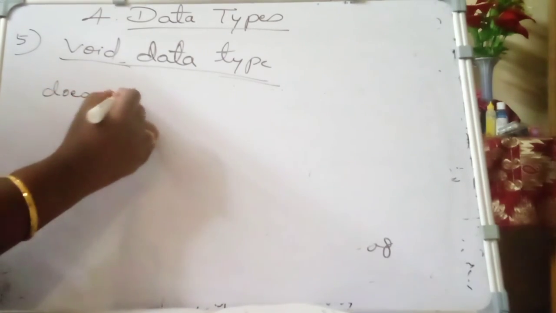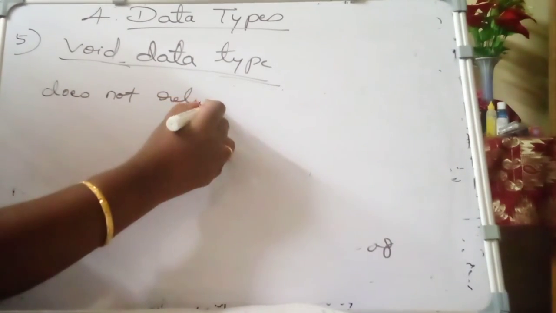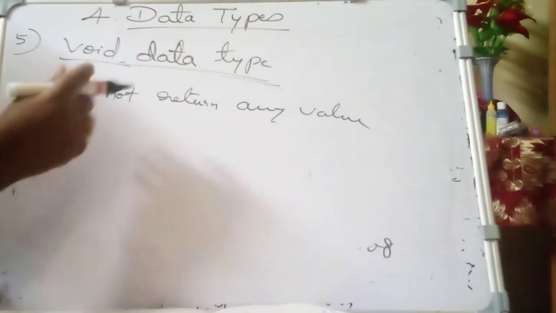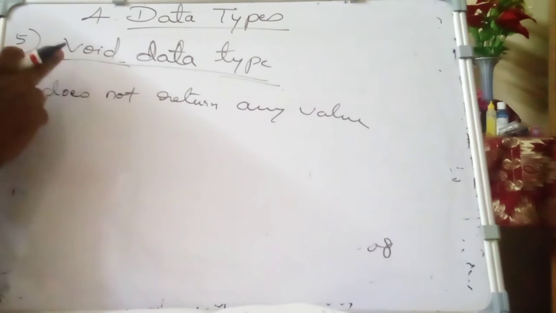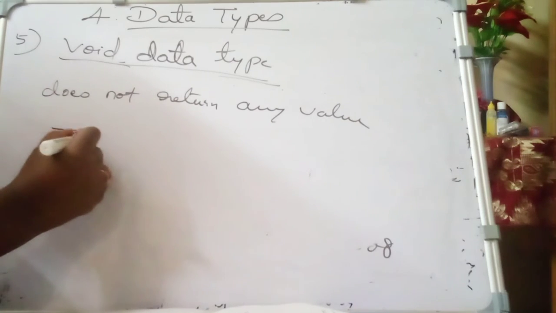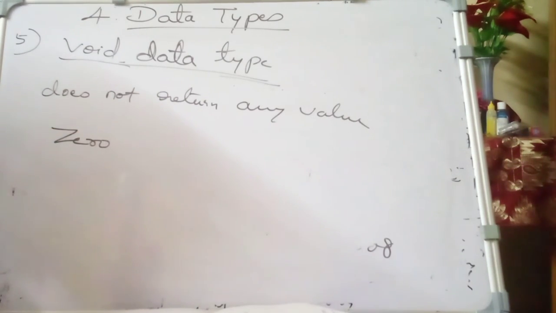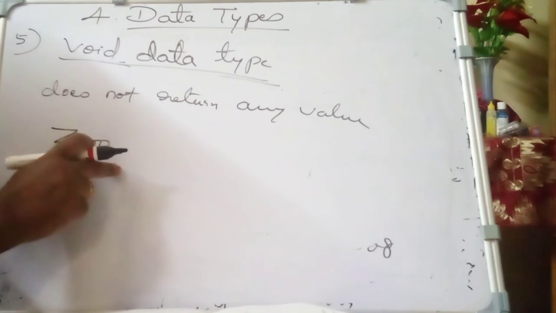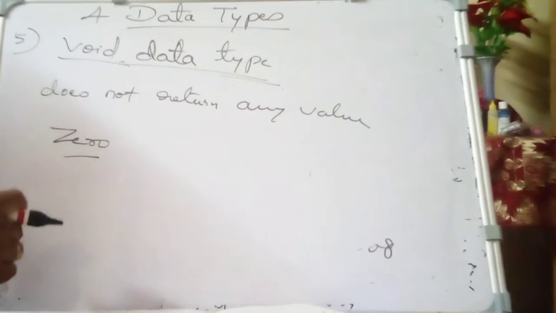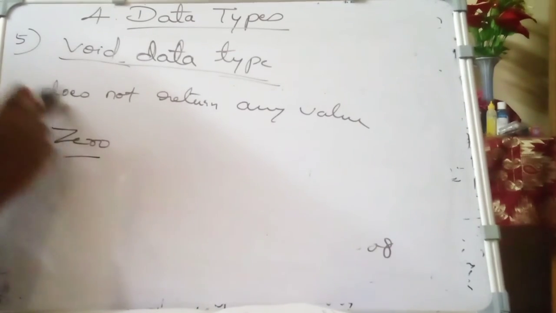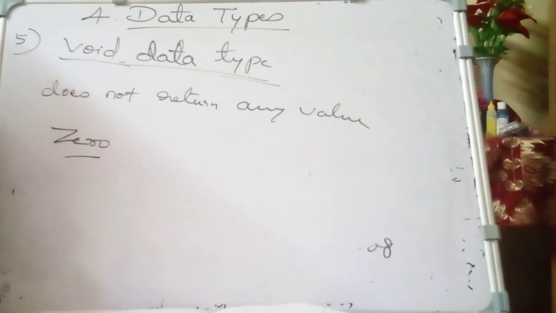Void does not occupy any space in memory, and the size of void is 0. It has no range, since it is the same in all types of machine. It is mainly used in functions to indicate that the function is not going to return any value.